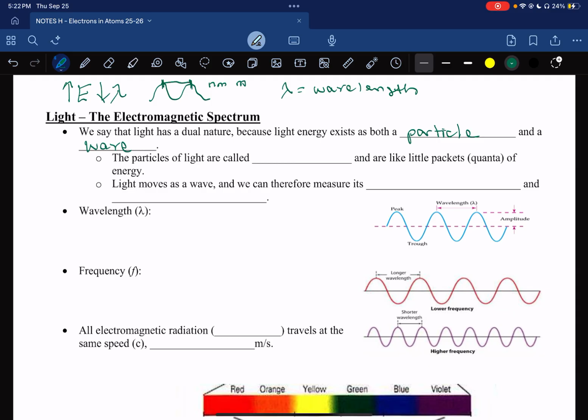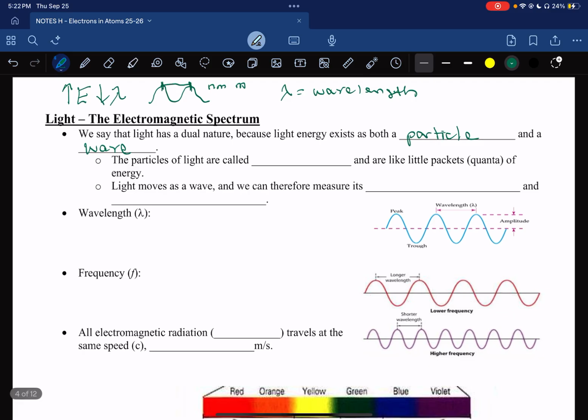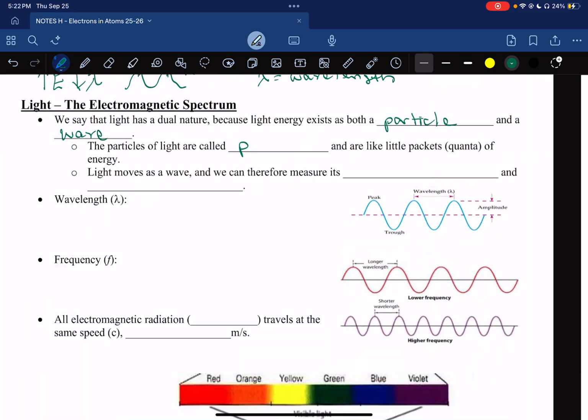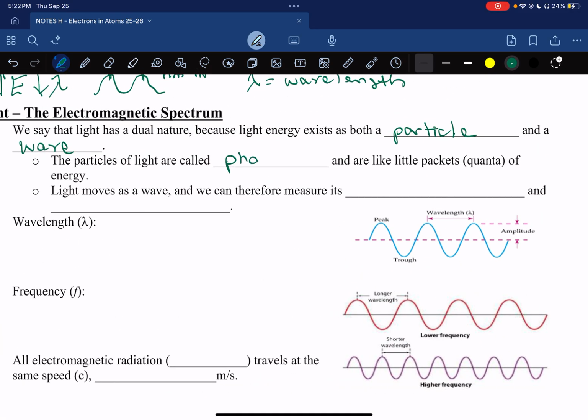The particles of light are called photons. They're like little packets of energy.